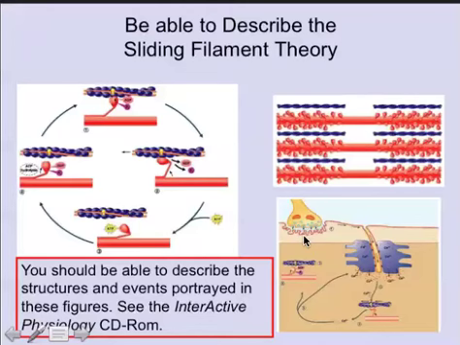As this voltage spreads across the muscle cell membrane, the sarcolemma, it'll reach these pits in the muscle cell membrane, which are called T-tubules, and the electrical signal will then be propagated deep down inside the muscle cell, where it'll come into intimate contact with the smooth endoplasmic reticulum of the muscle cell, which is called the sarcoplasmic reticulum.